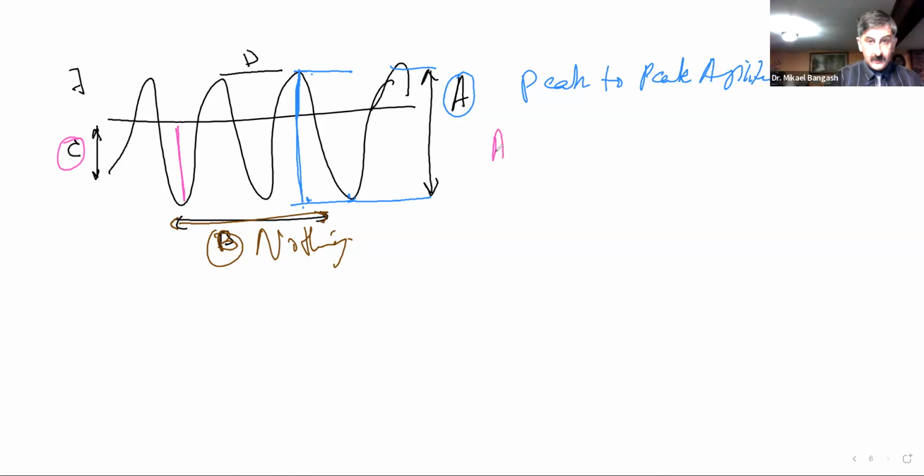So letter C is amplitude. It's not going to be peak-to-peak amplitude because that was line E. It's not going to be frequency or wavelength, and it's not none of the above. So C is represented by amplitude. Clear? Did you guys get that?